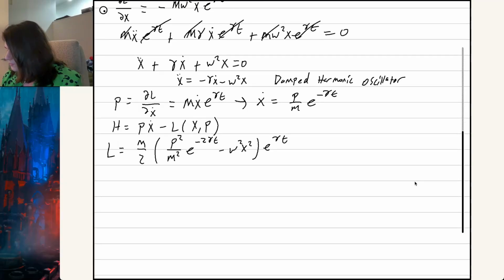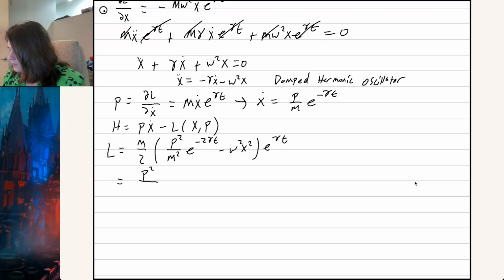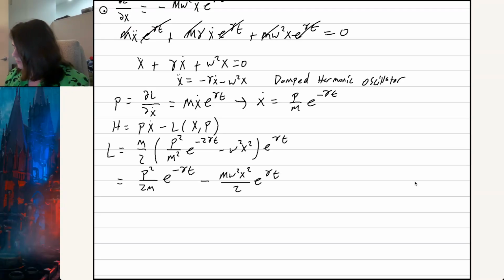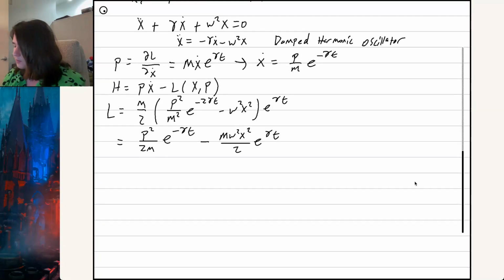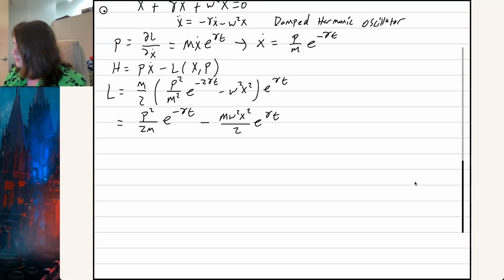I'm going to distribute this, expanded I mean, just so it looks cleaner. It'll be p squared over 2m e to the minus gamma t minus m omega squared x squared over 2 e to the plus gamma t. We have a minus exponential term and a plus exponential term, which is weird, but let's keep going.